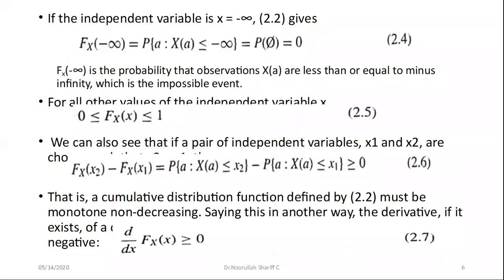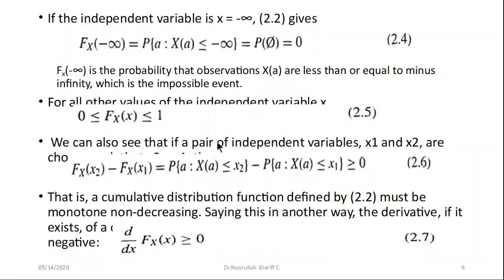Similarly, for capital Fx of 4, that will be four 1 by 6s, that means 4 by 6, which is about 0.667. Similarly, you can find all the others. If all of them are there, then 1 by 6 into 6 gives me 1. If none is possible, that gives me the value 0.